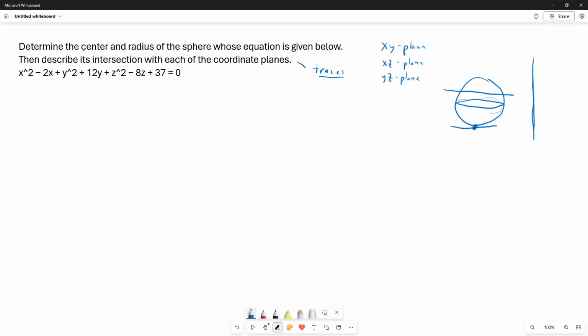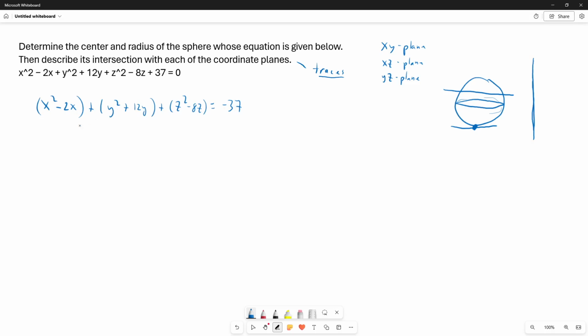So first, let's determine the center and radius of this sphere. So we have x squared minus 2x plus y squared plus 12y, plus z squared minus 8z, and this is equal to negative 37.